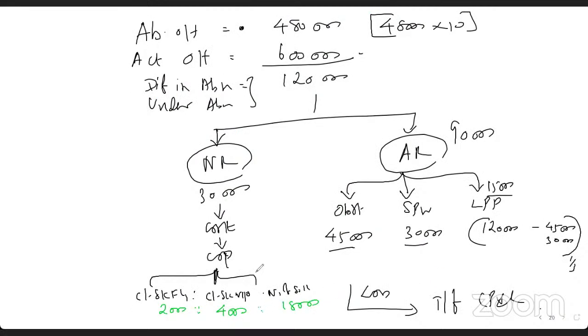In this ratio, 2:4:18, we apportion the 30,000. So apportion the cost comes to 2,500, 5,000, and 22,500. Is it right?